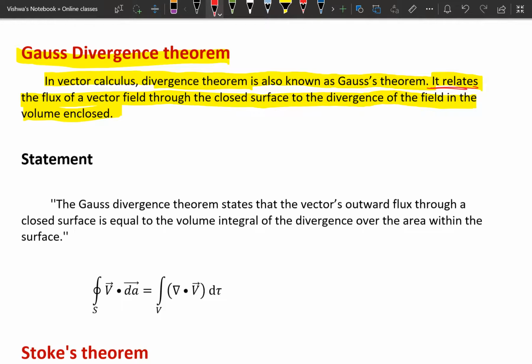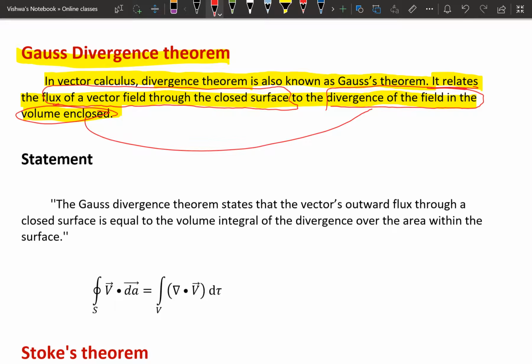So here one side is the flux of a vector field through a closed surface. This is going to relate with the divergence of the vector field in the volume enclosed. These two are the divergence of a vector field in the volume enclosed and the flux of a vector field through the closed surface.